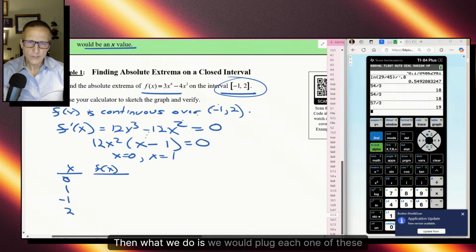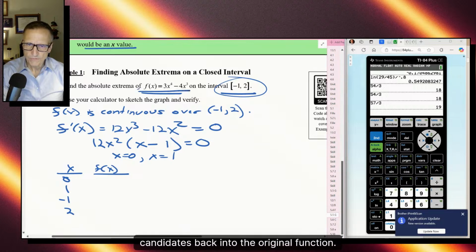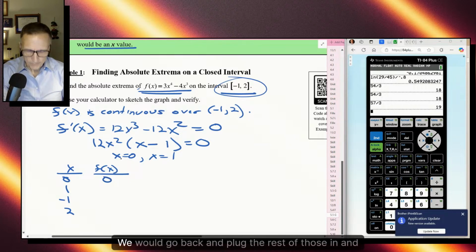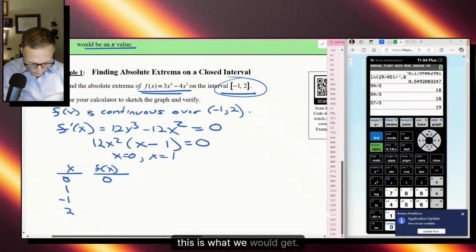Okay, then what we do is we would plug each one of these candidates back into the original function, right? I'm not plugging them back into the derivative. I just want to know what the y value is of the function at these particular values. F of 0, that's pretty easy. We would go back and plug the rest of those in, and this is what we would get.